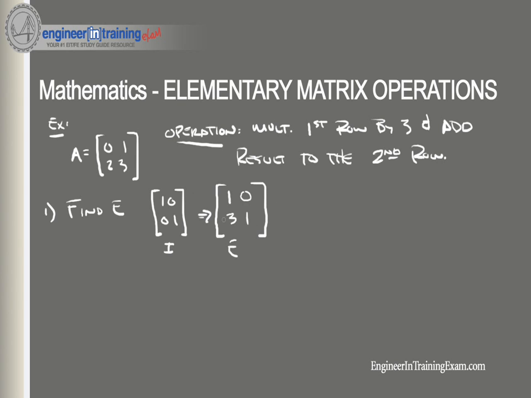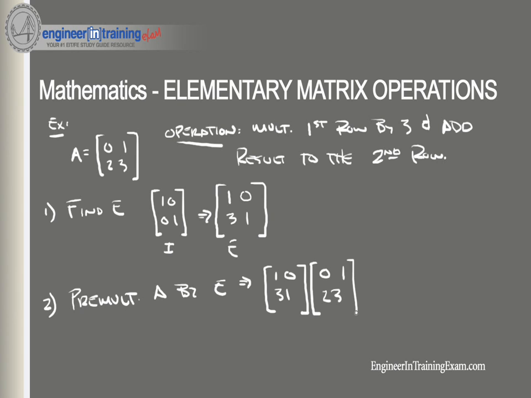Now our second step is to pre-multiply A by E. We have E as 1, 0, 3, 1, and A as 0, 1, 2, 3. So once again, matrix multiplication: 1 times 0 plus 0 times 2 is our first element. Our second element in the first row is 1 times 1 plus 0 times 3.